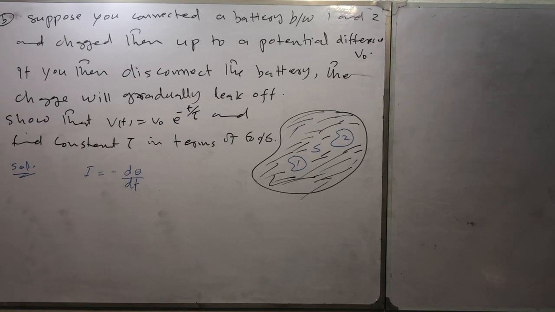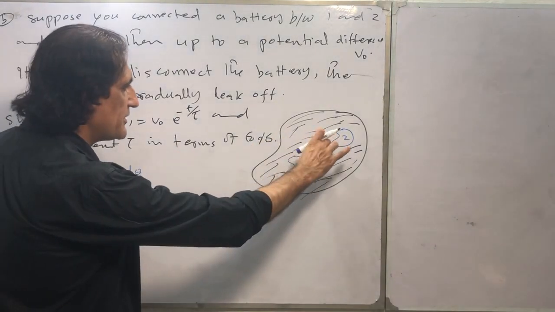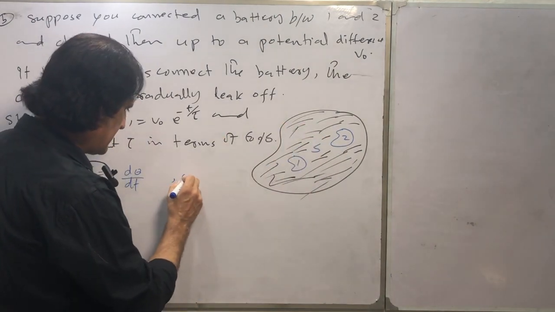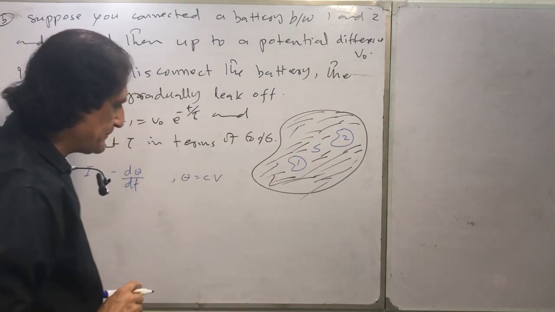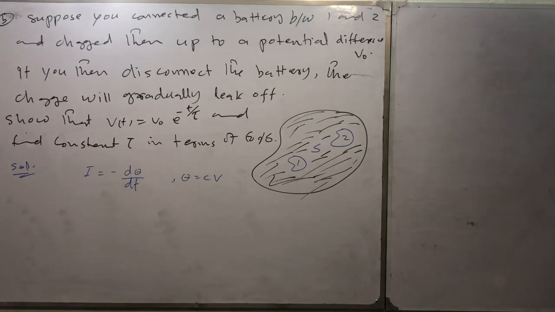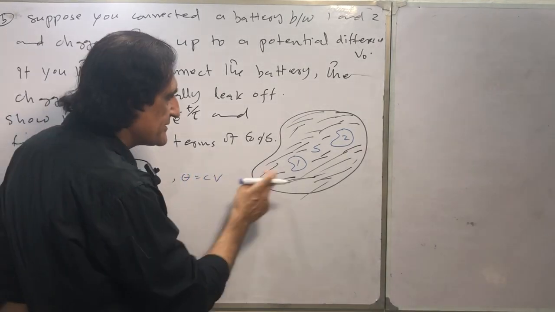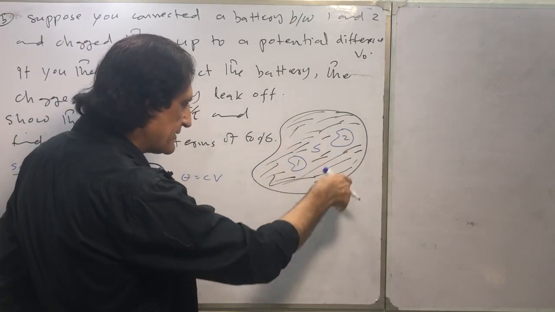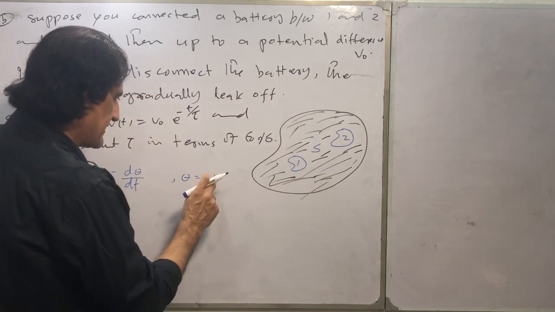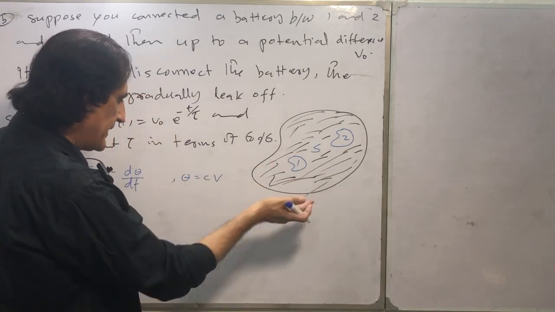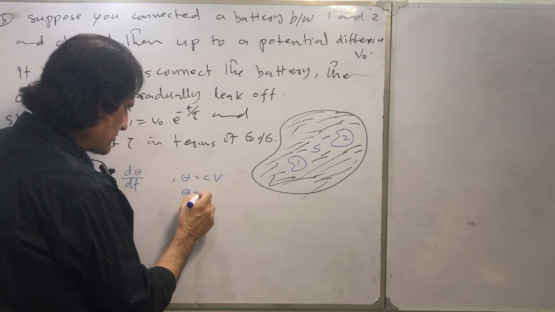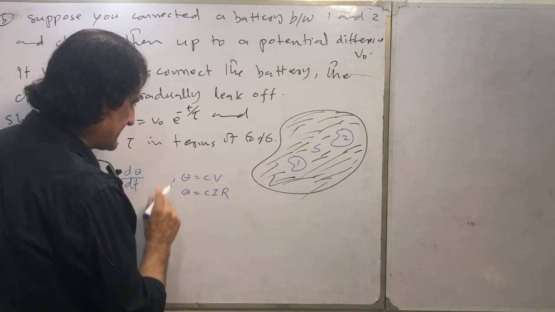And what is Q between these? Q is equal to CV, and V is equal to IR. If we have some resistance R, then Q is equal to CIR.